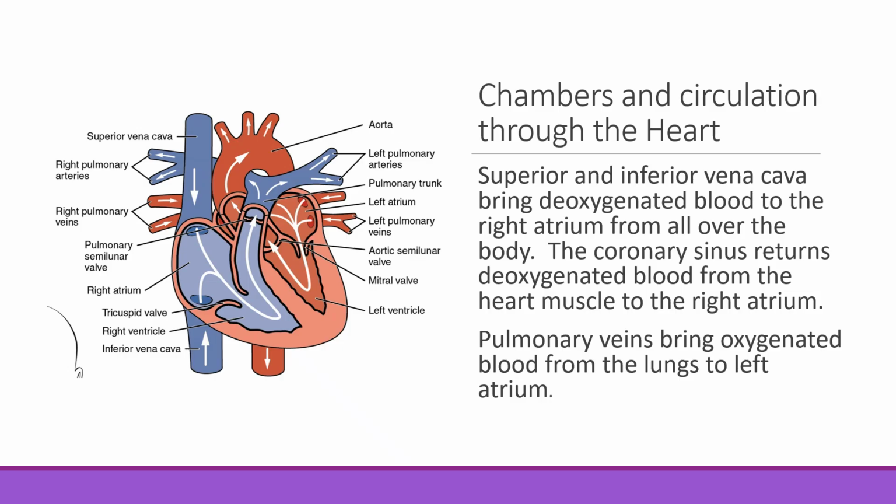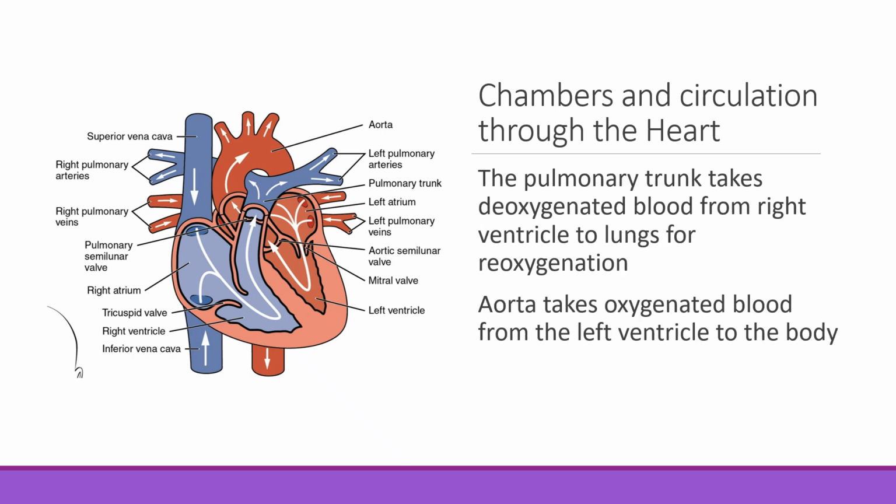The pulmonary veins are going to bring oxygenated blood from the lungs to the left atrium. So the pulmonary trunk, sitting right on the very front of the heart, is going to carry the blood from the right ventricle to the lungs for reoxygenation. So we just saw blood coming in through the superior vena cava up at the top, the inferior vena cava at the bottom.